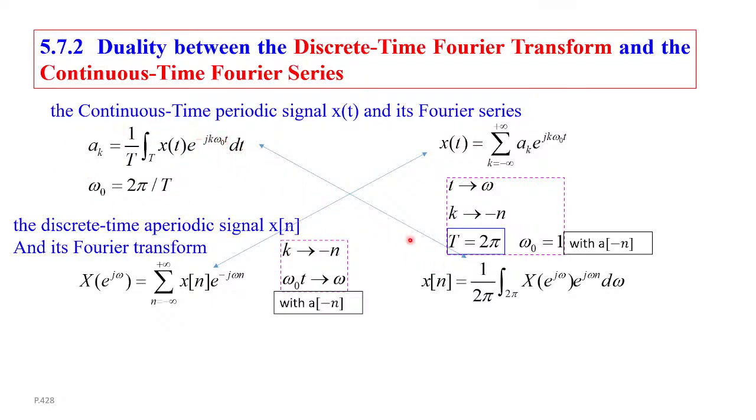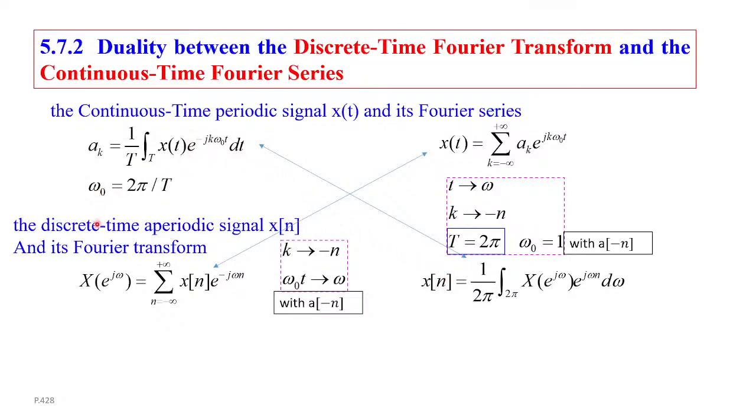So this duality only works when your signal has a period of 2 pi. You can think a little more about yourself about why this has less freedom, but for now, you just need to remember that this duality only works when your period is 2 pi. Because if your period is not 2 pi, then you need to scale your function.